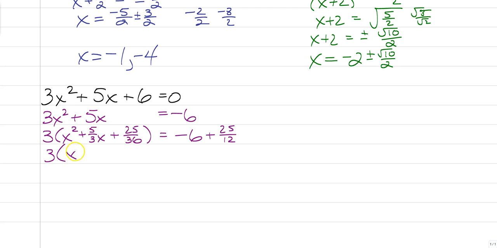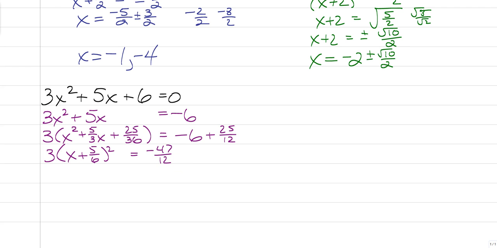Okay, and now you need to continue the fun. 3 times x plus half of 5/3, which is 5/6, squared is equal to negative 6, which would be negative 72/12, and negative 72/12 plus 25/12 gives a negative 47/12.